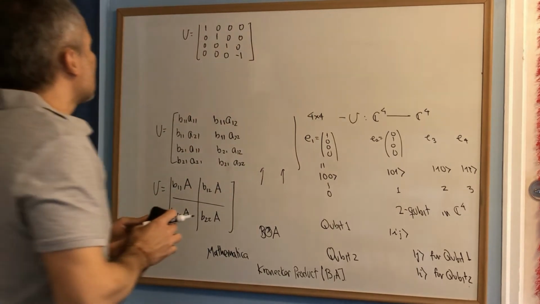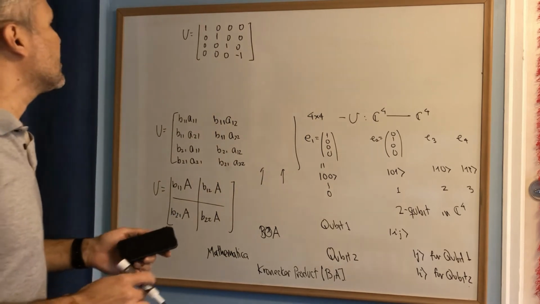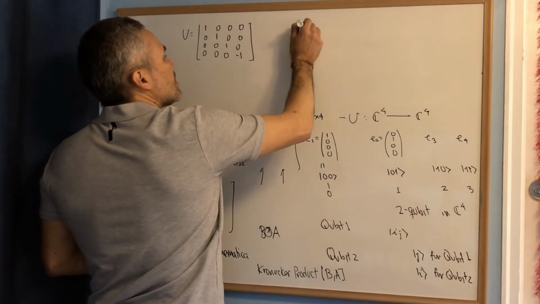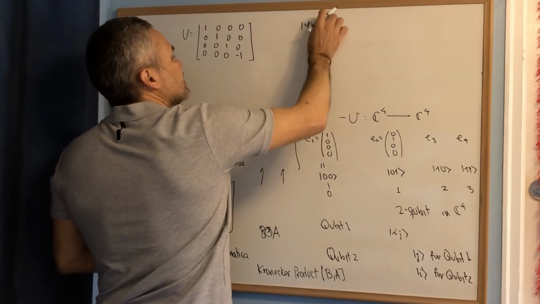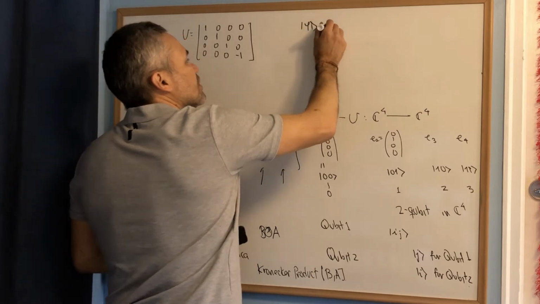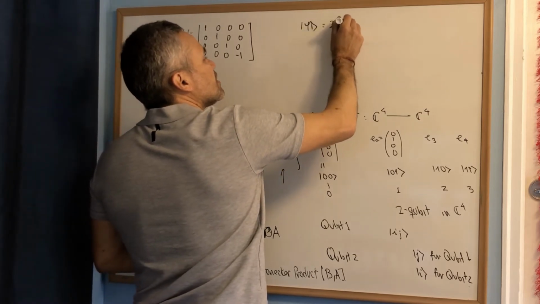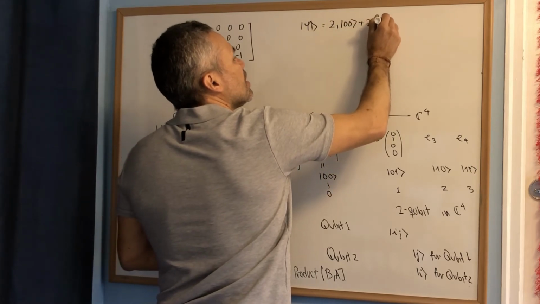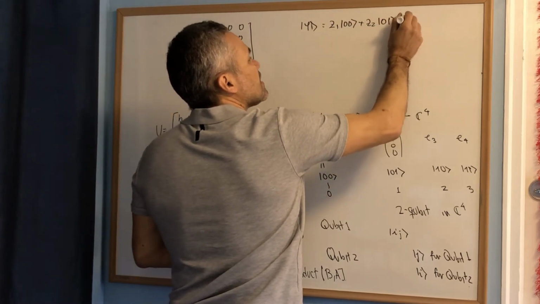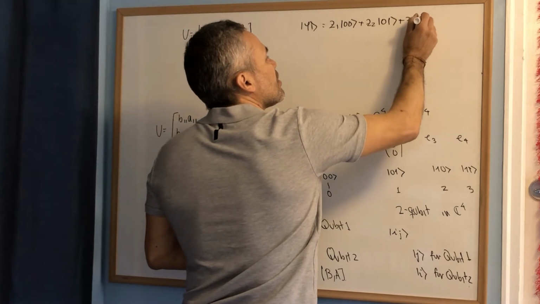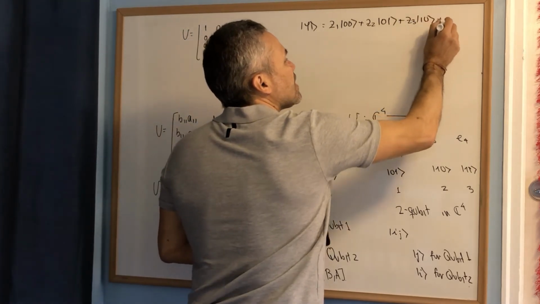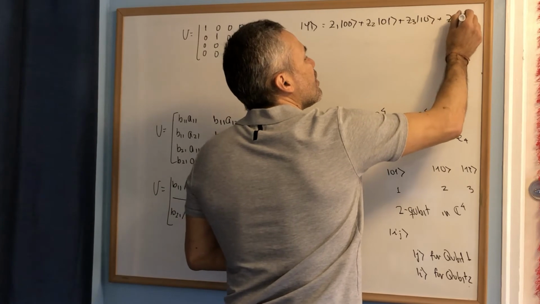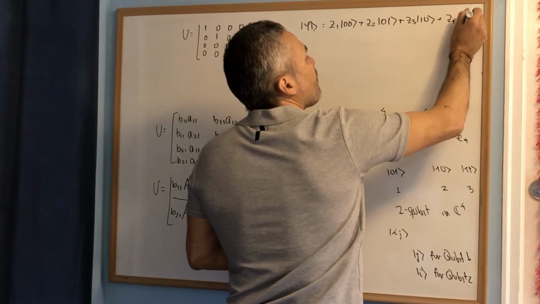This is a unitary matrix, and then this unitary matrix, for example, will take this ket, these two qubits, let's say C1 00 plus C2 01 plus C3 10 plus C4 11.